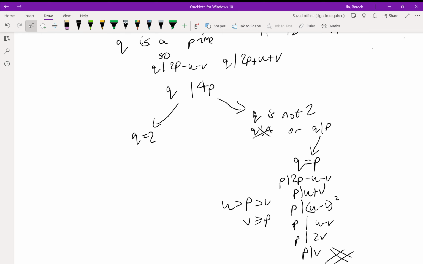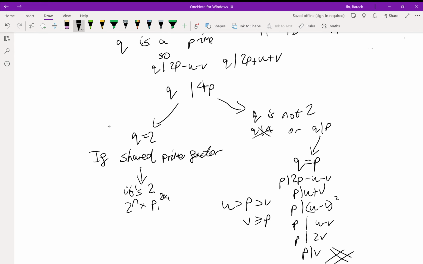And if the only shared prime factor is 2, then all the other factors are going to have even powers. Which means that it's 2 times a square. So if there is a shared prime factor, it's 2, and so it's 2 to the n times p1 to alpha 1, p2 to alpha 2, or whatever.